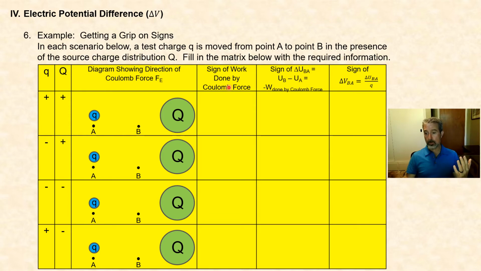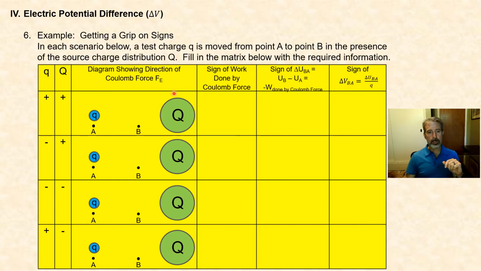Once we know that sign, we can calculate the sign of the electric potential energy difference, which by definition is the opposite of the work done by the Coulomb force. And then finally, we can calculate the sign of the electric potential difference for our charge distribution.